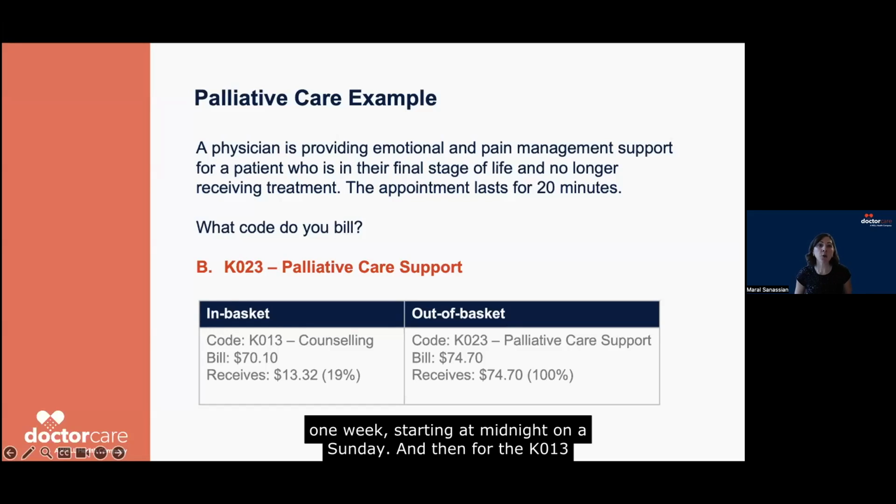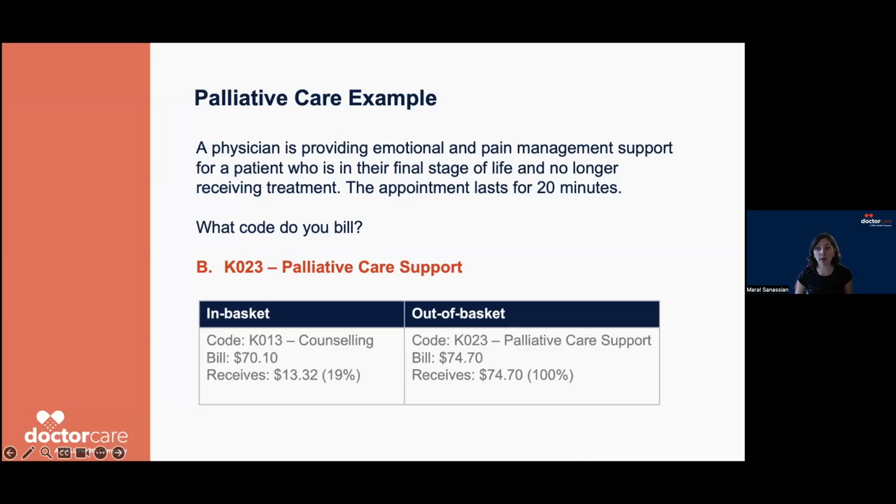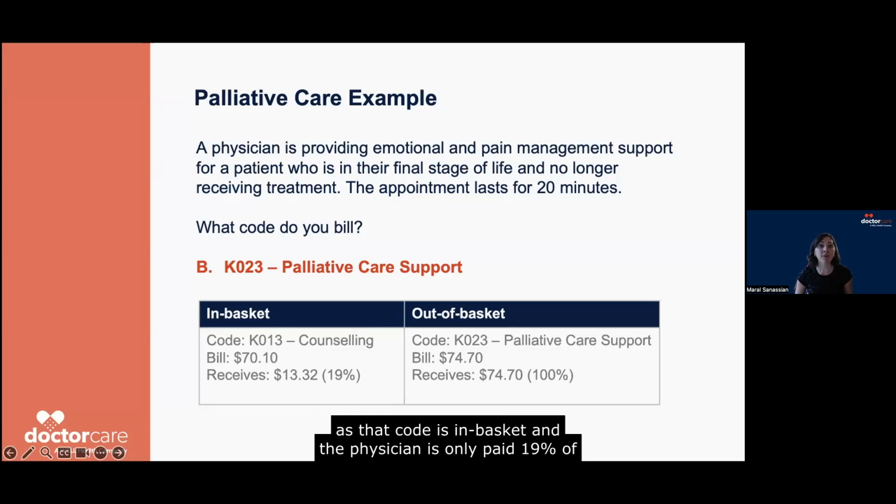And then for the K013 counseling code, although you can bill the K013 for the service provided, it is more appropriate to bill the K023 code because the physician is caring for a palliative patient. Additionally, when billing the appropriate out-of-basket code, they will receive more than if they billed for the K013 code, as that code is in basket and the physician is only paid 19% of the fee on rostered patients.